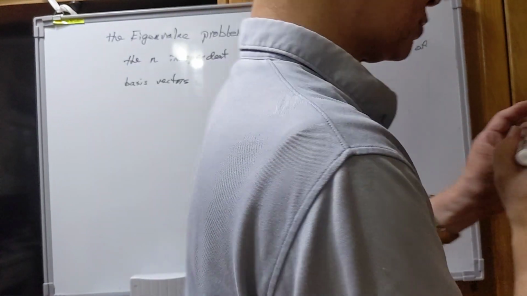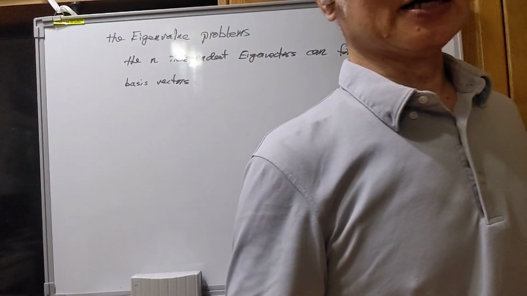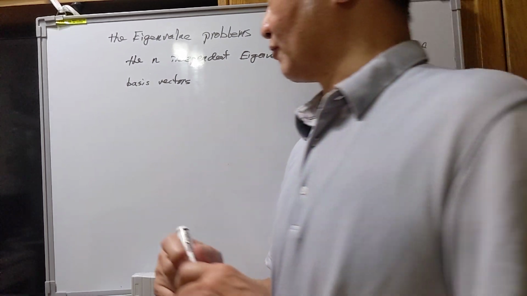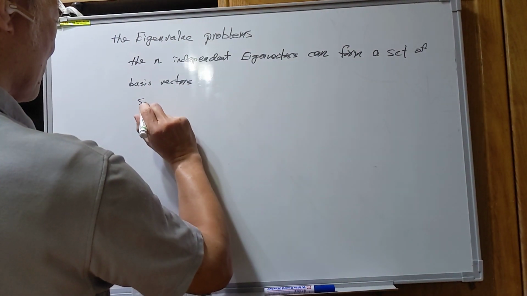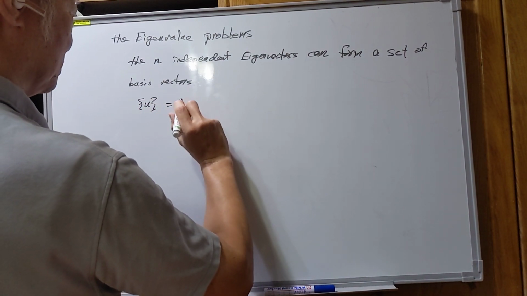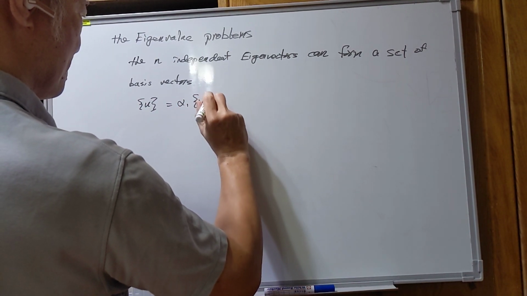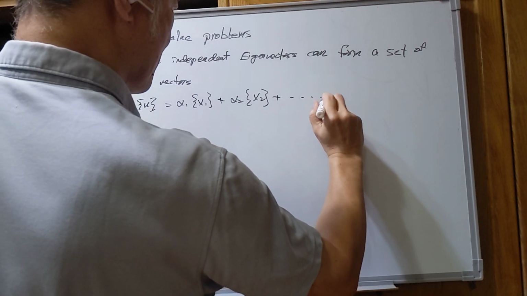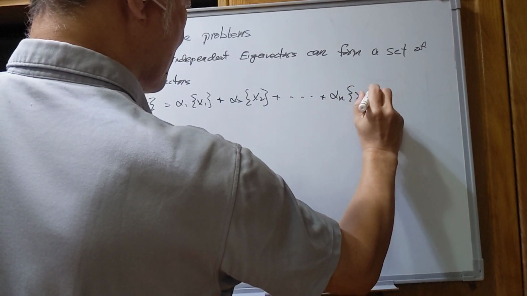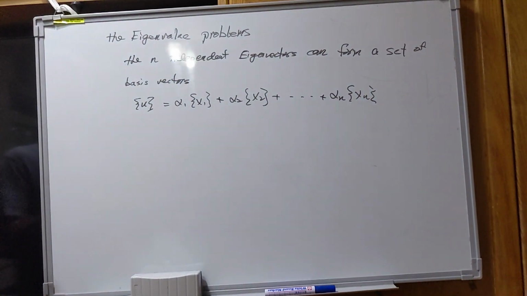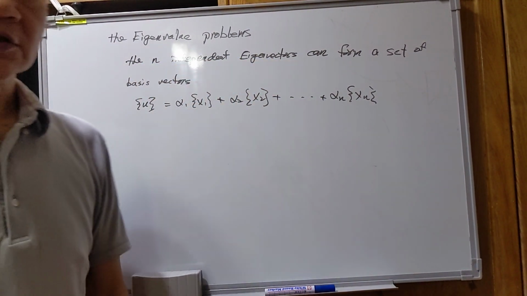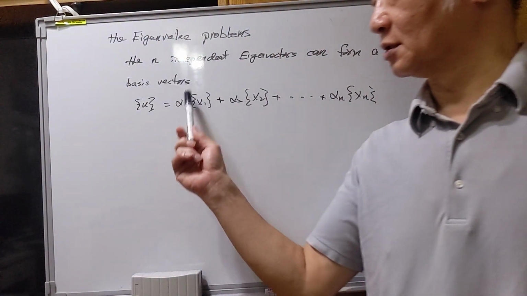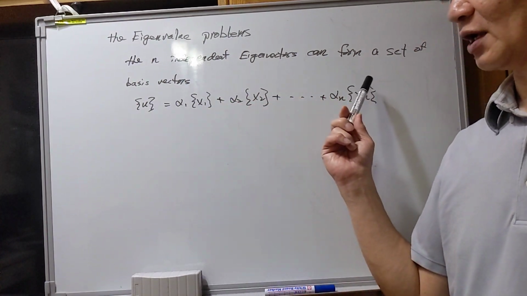So we can always use the eigenvectors to form a set of basis vectors. The basis vector means that for any vector u, we can always use the eigenvectors to get a linear combination of all the eigenvectors.